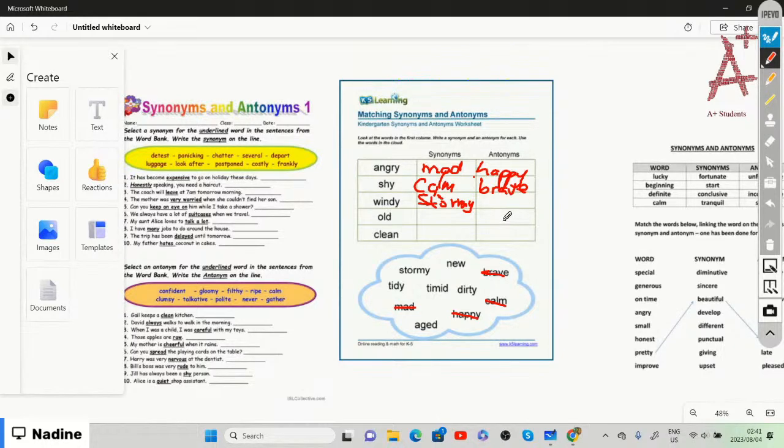If it is not windy, the opposite of windy. So after a storm, basically, I think this is also like a form of where it is calm now. Let me just put calm there.